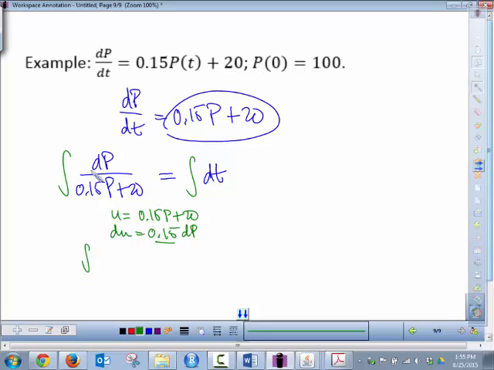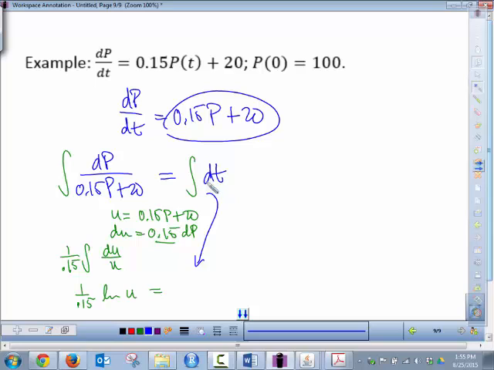So my integral on the left-hand side becomes 1 over 0.15 times du over u, which we know is the natural log. So 1 over 0.15 ln of u. And the plus C we'll save for later on, right?